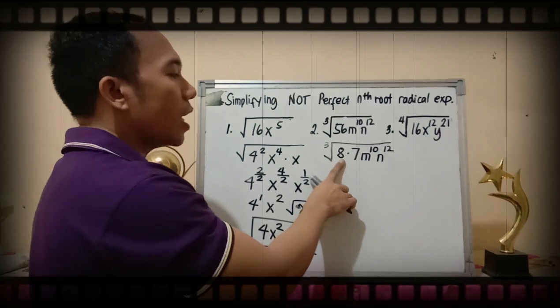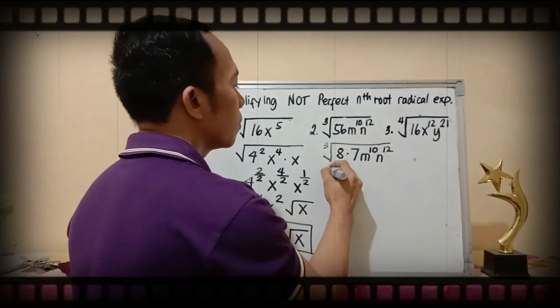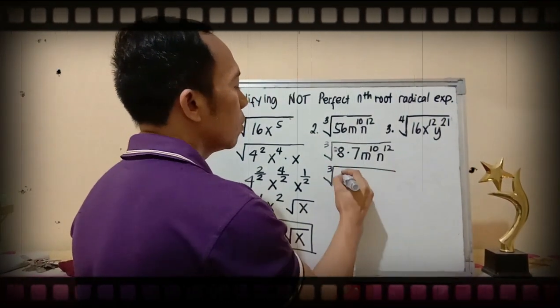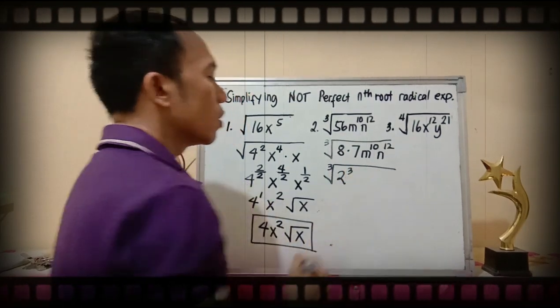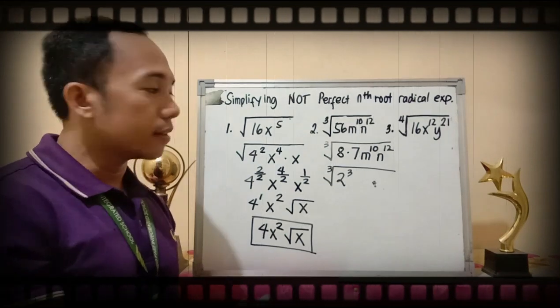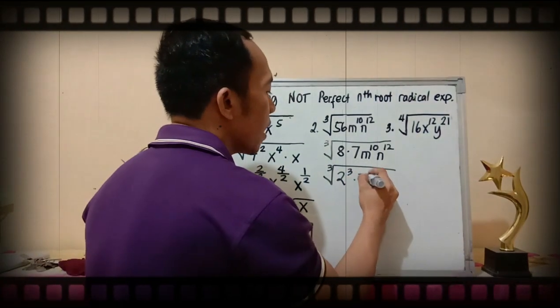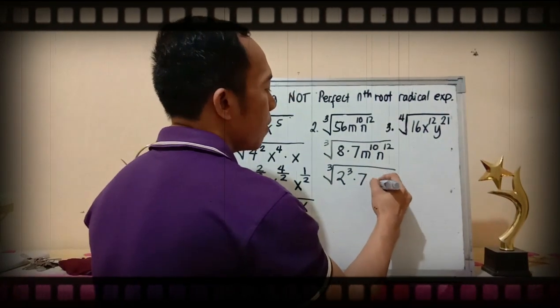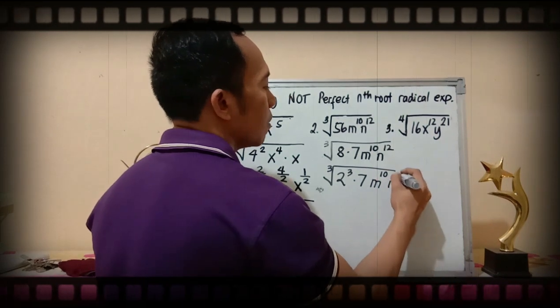Now, make 8 into an exponential form. So this is now 2 cubed. 2 cubed is 2 times 2 times 2, which is equivalent to 8. Then times 7, m raised to 10, n raised to 12.